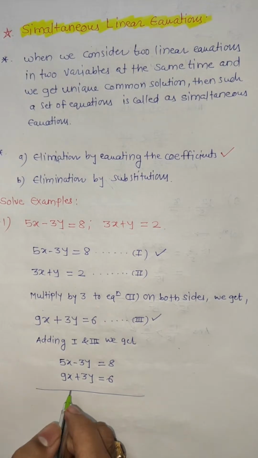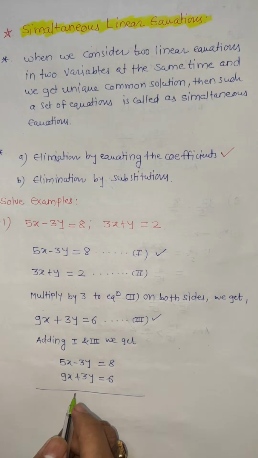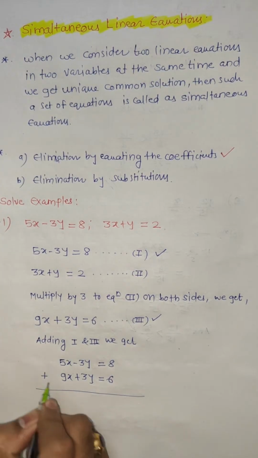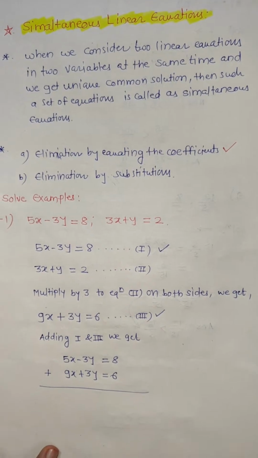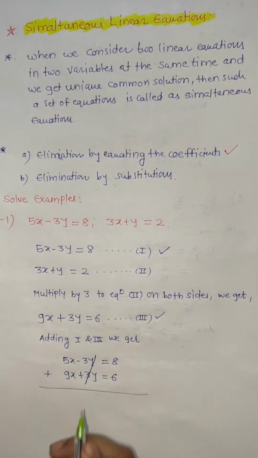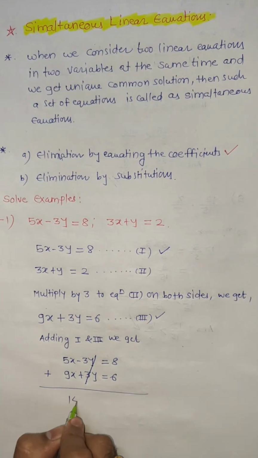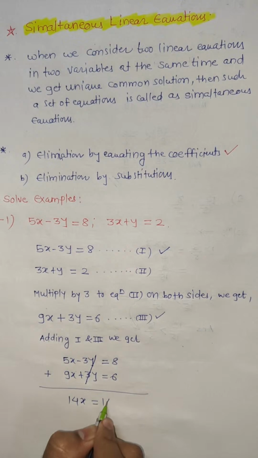It is not necessary to convert the sign. It will always be plus here, because the opposite terms with the variable will cancel out. This term gets cancelled. 9 plus 5 is 14x and 8 plus 6 is 14. So 14x is equal to 14.